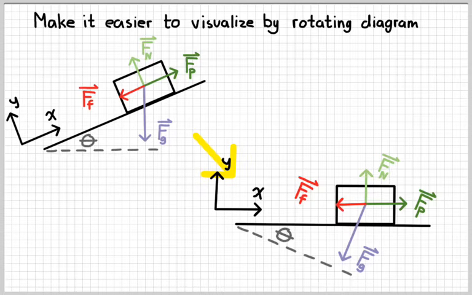And so when we do that, now we can see how the frictional force, normal force, and the push are parallel and perpendicular to our coordinate system. The only one that's not is this one. And so again, when we did our vector diagram, we got a component that did something like this, and a component that did something like that.